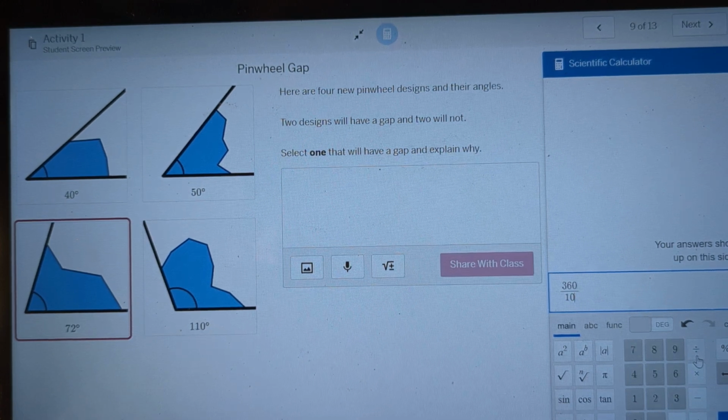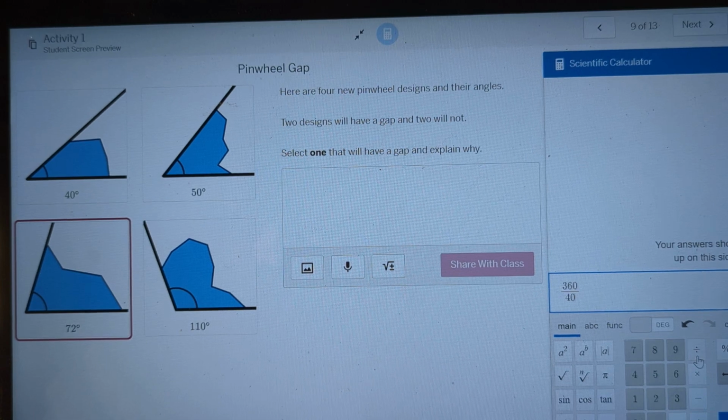If we do that in reverse, instead of taking 360 divided by the leaves of the pinwheel to get the degrees, we can also take 360 divided by the degrees and find the amount of leaves. So if we did that, let's start with 40, and we get 9.